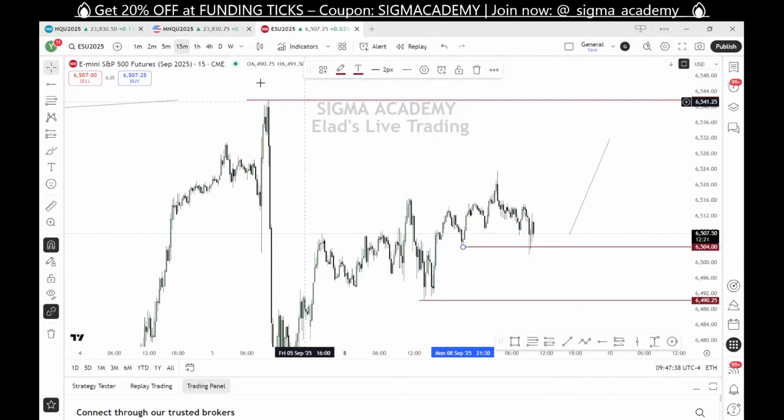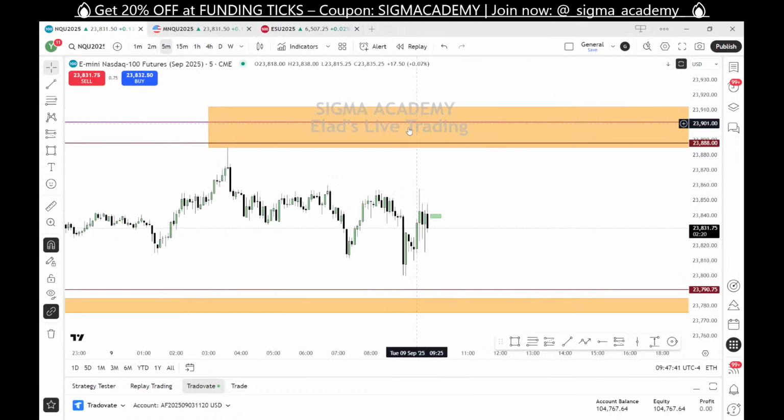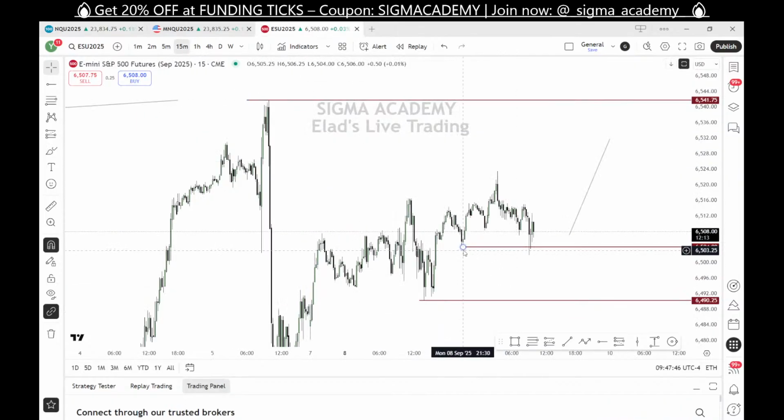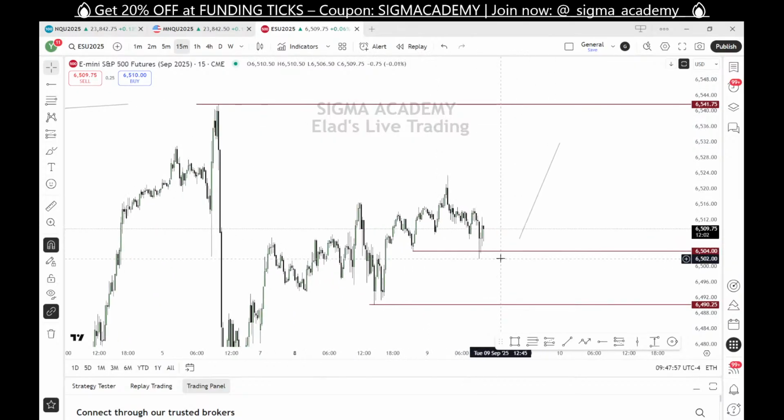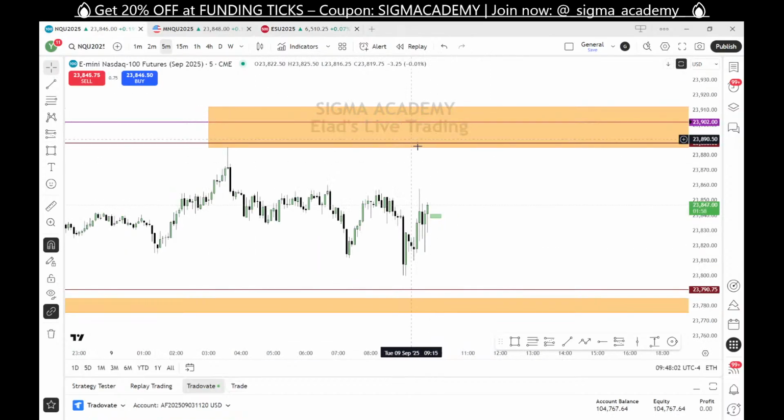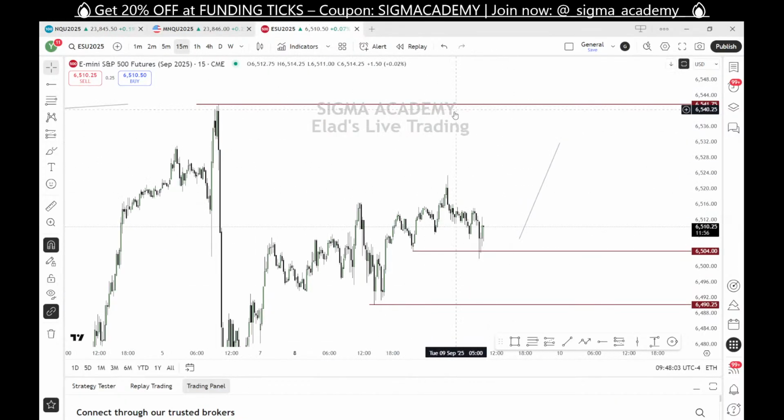By the way, I can cross the idea between those equal highs on the hourly chart and this right here on the 15. This low has been taken out. This fair value gap is below it, and we can cross the idea. If we have magnet on the NQ, we have the same magnet in the ES.